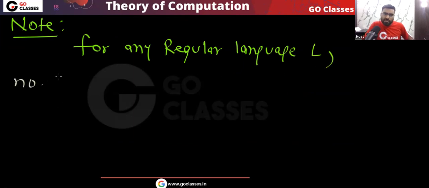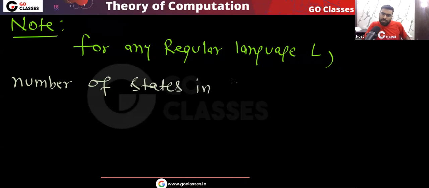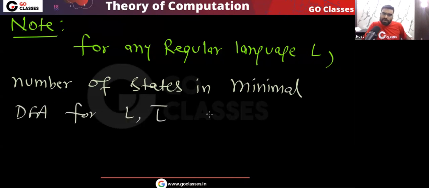Okay, so this is an important result: for any regular language L, the number of states in the minimal DFA for L and L complement is always the same.